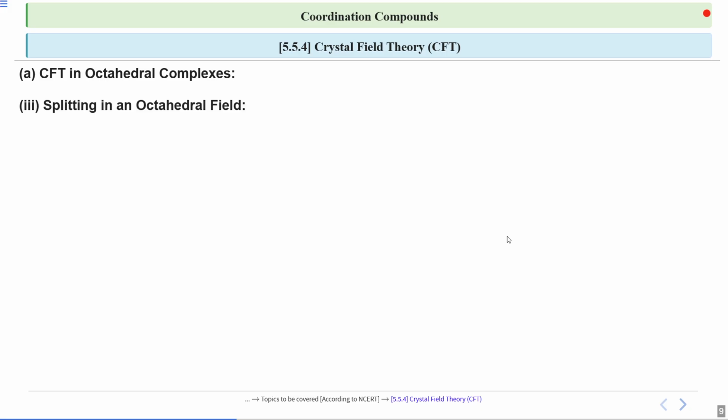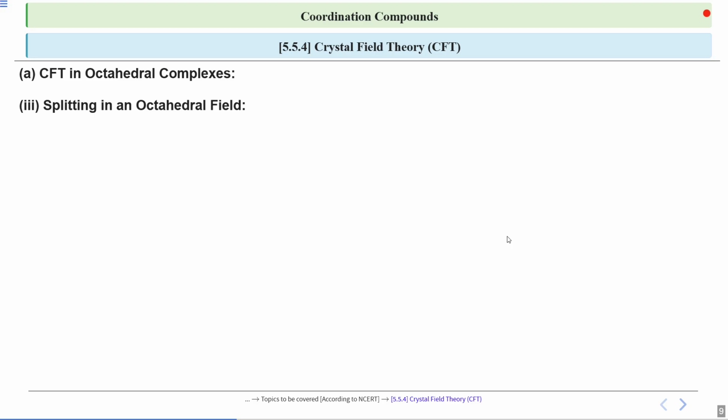The third step involves the splitting in an octahedral field. When the ligands approach and enter the hypothetical spherical field around the central metal ion, the energy increases, but the degeneracy is still maintained.